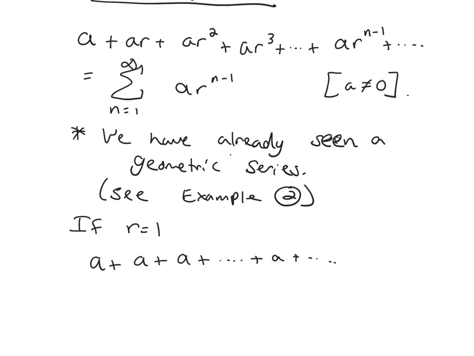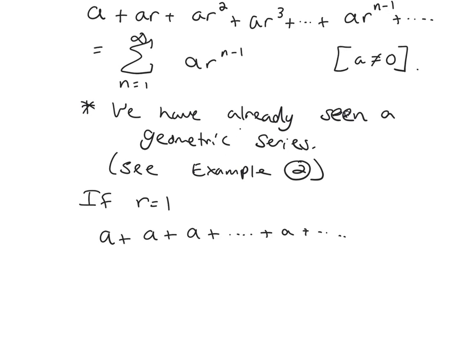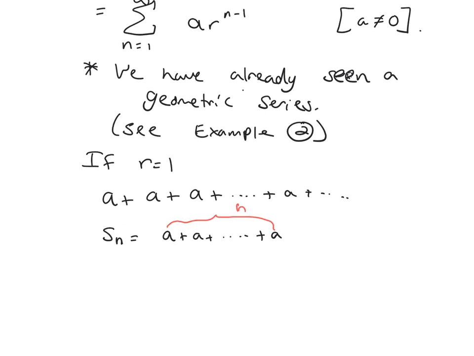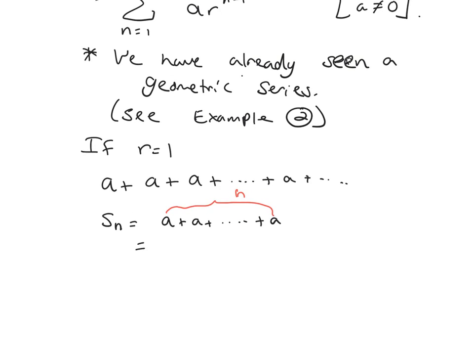So it looks like I can come up with a really nice formula for the partial sums in this case. S sub n is going to be A plus A plus A, and I have n of them. You have n A's, so the formula is going to be n times A. If you add a number to itself n times, it's n times A. Okay?